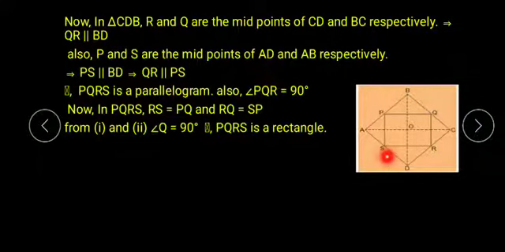So by midpoint theorem, PS is half of BD and PS is parallel to BD. So we get PS is parallel to QR, and similarly SR is parallel to PQ. So what we got, opposite pairs of sides are equal as well as parallel. Hence we can say that PQRS is a rectangle. Moreover, all the angles are also 90 degrees. Thank you.